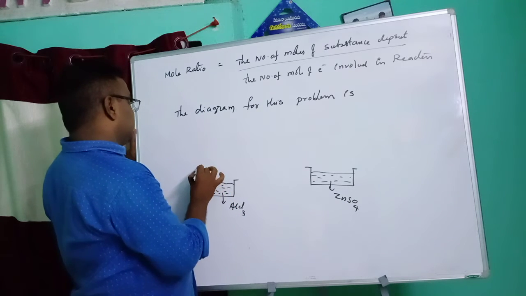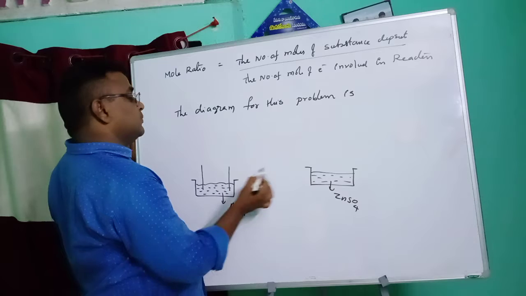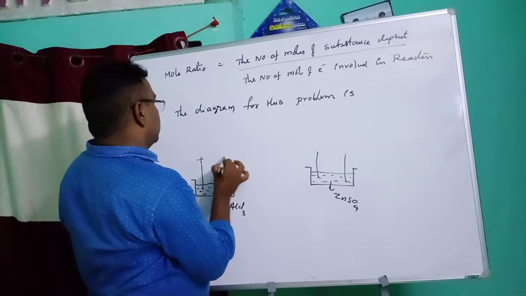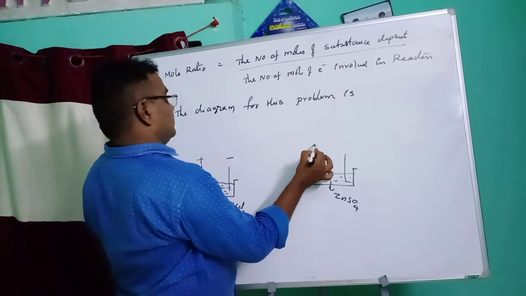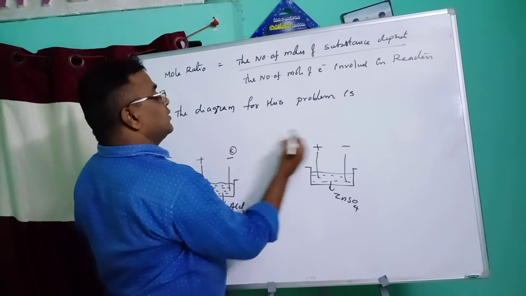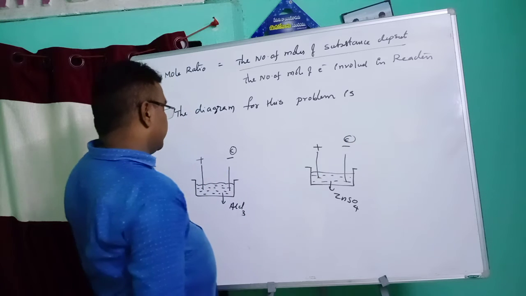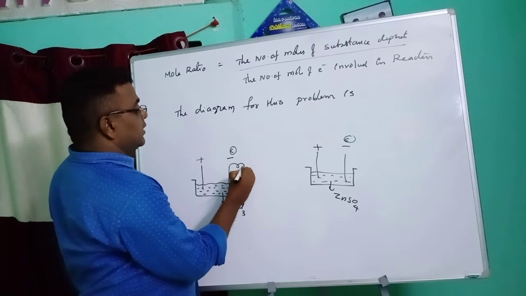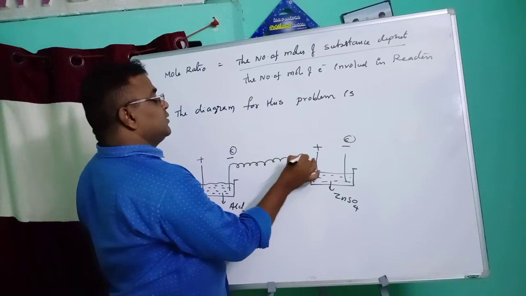It contains two electrodes, anode and cathode. Cathode means negative. At the cathode, generally metal is deposited. So the two half cells are connected in series.